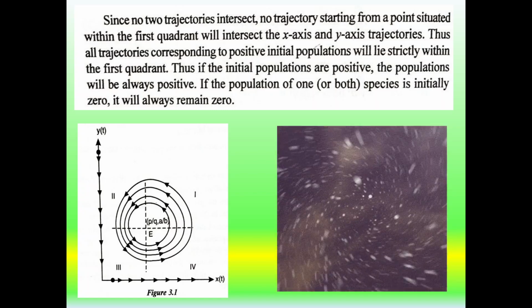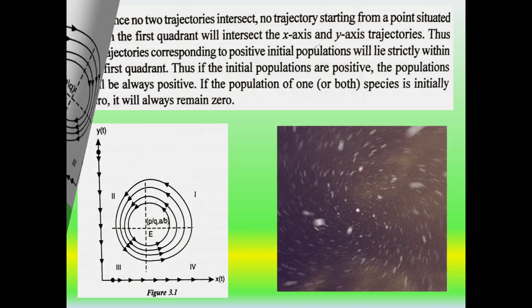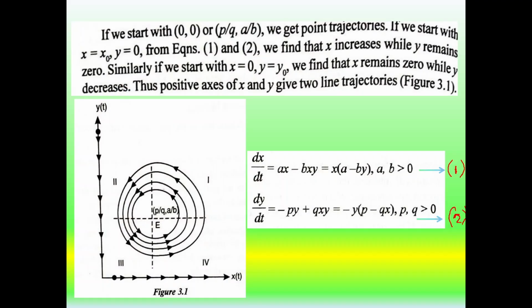If the population of one species or both the species are initially 0, then it will always remain 0, because you could see the expressions given here in equations 1 and 2. dx by dt is expressed in terms of x, dy by dt is expressed in terms of y.